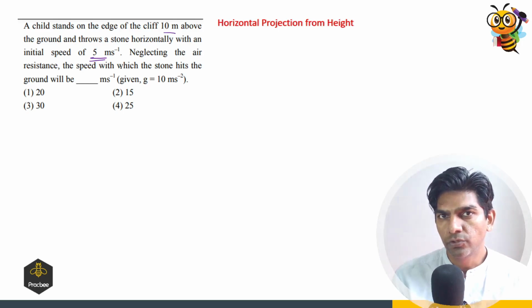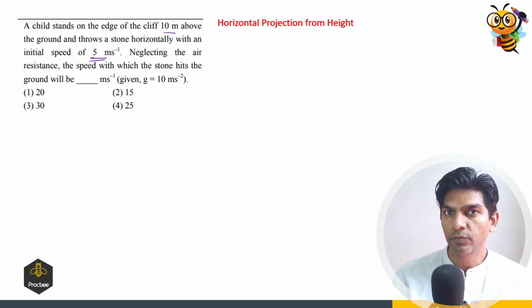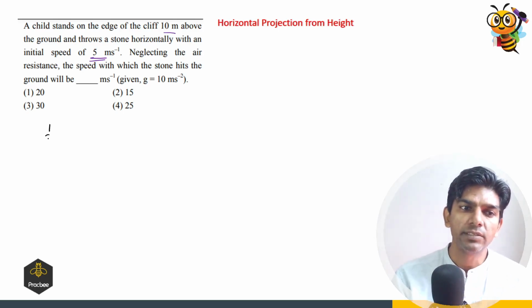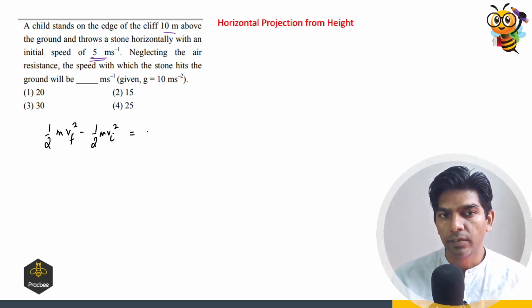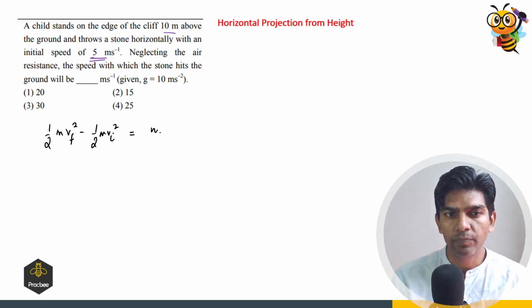So here you can also use energy conservation, because the stone is coming down by a height h. There will be a loss in gravitational potential energy, and that loss has converted into kinetic energy. So we can say half m v final square minus half m v initial square will be the loss in gravitational potential energy, which will be mgh. So this we can apply.